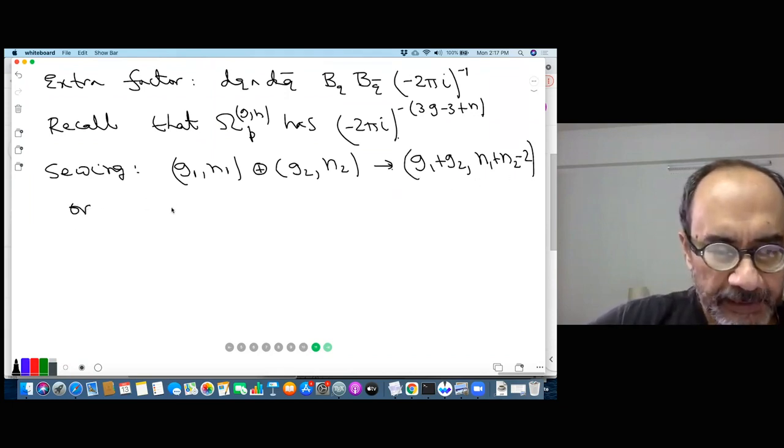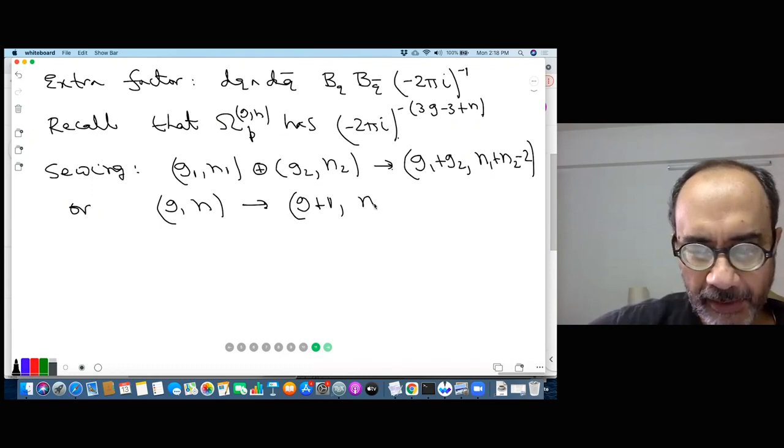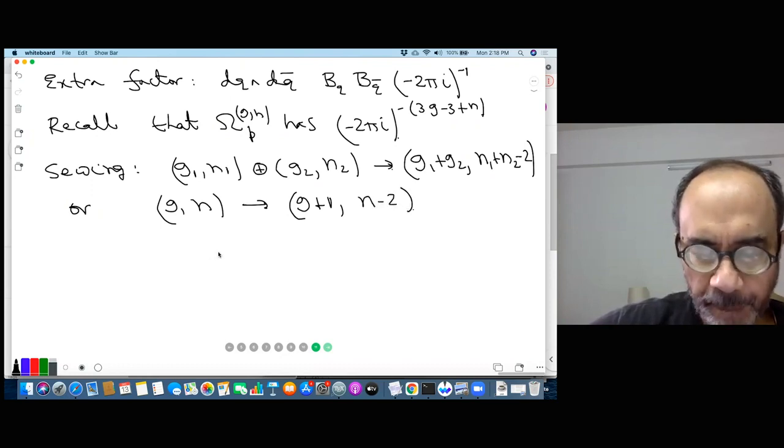Or it can take a single Riemann surface of genus g and n punctures. When you sew two of the punctures on the single Riemann surface, you add a handle, so g becomes g plus 1, and n goes to n minus 2 because two of the punctures are gone.